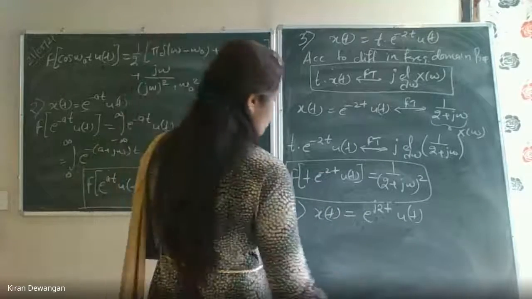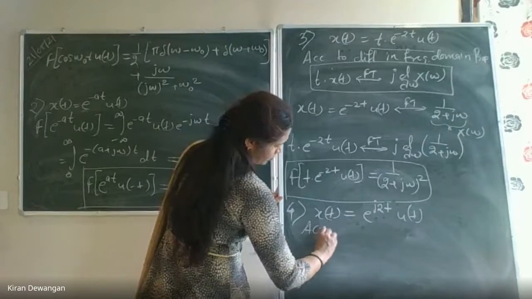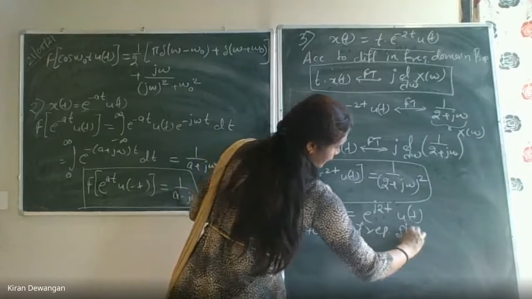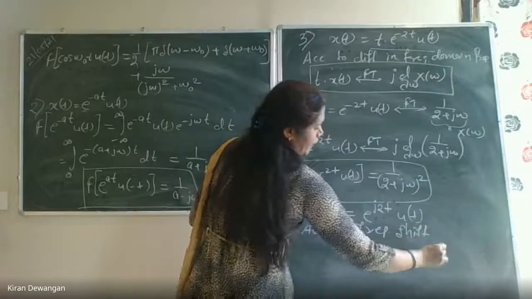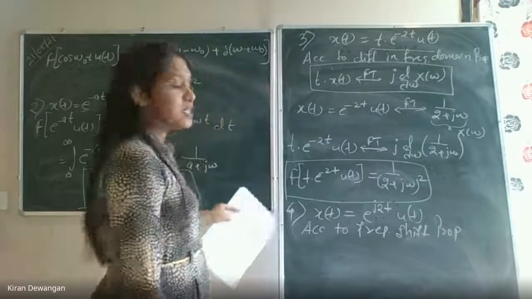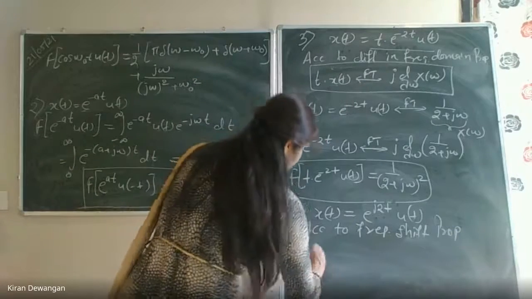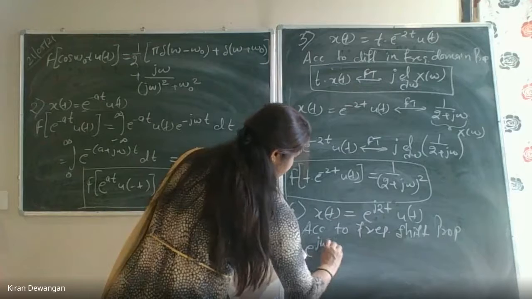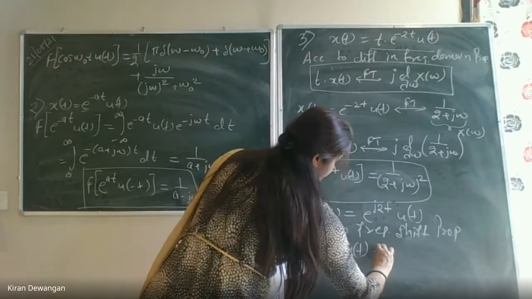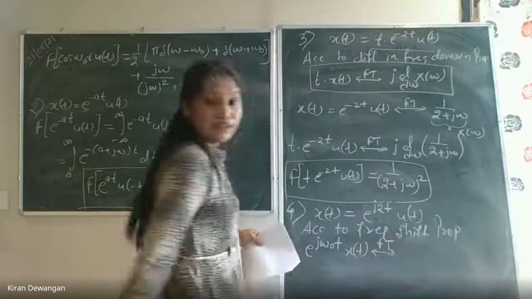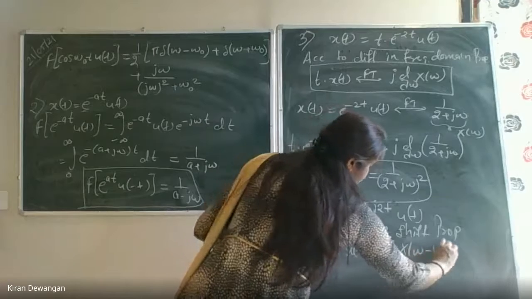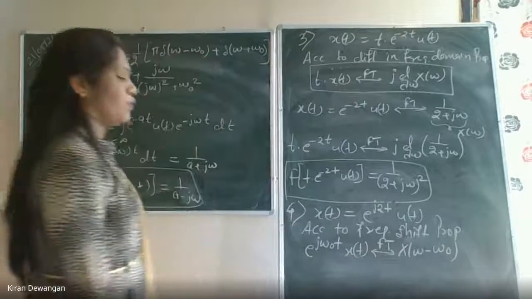So according to frequency shifting property, e to the power j omega naught t x(t) has Fourier transform X of omega minus omega naught.